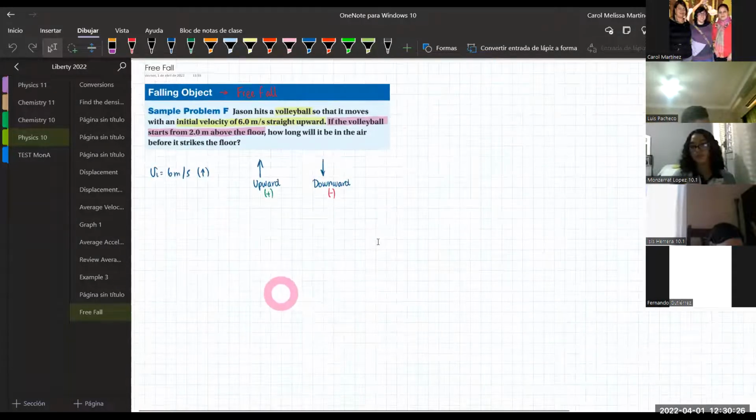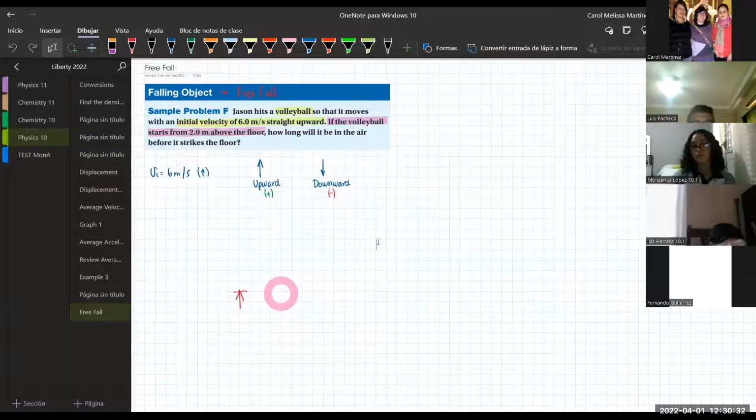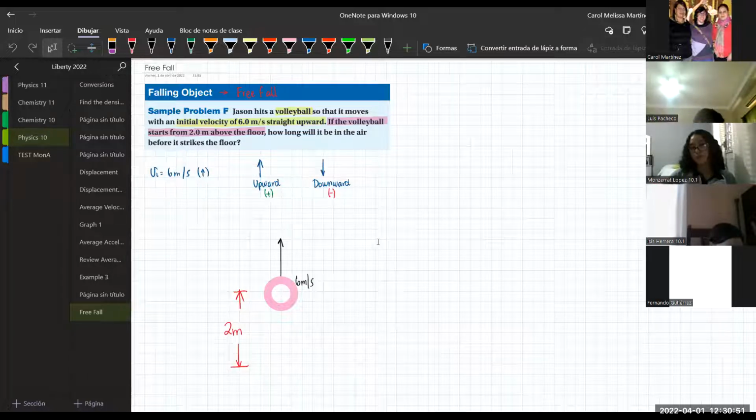So here's the ball. And it says that this volleyball initially was at a distance from the ground of 2 meters. And what happened? This Jason guy hit this volleyball so that it moved upward with an initial velocity of 6 meters per second. What is going to happen?